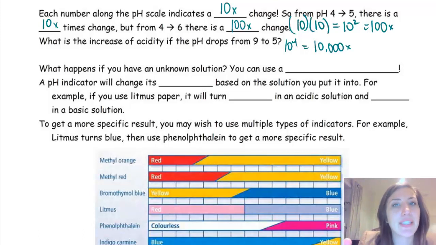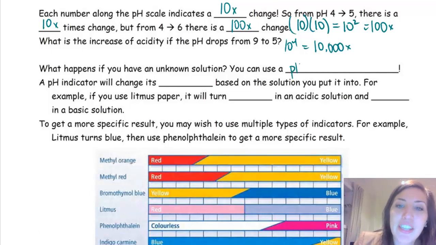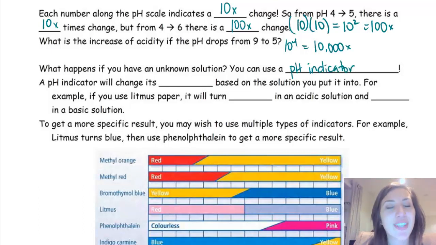So then, what happens if you've got a beaker of clear liquid and you don't know if it's an acid or a base? You can use a pH indicator. There are many kinds of indicators. There are indicators that you can buy in a lab, or there are indicators that you can use at home. Something even in your kitchen like cabbage.